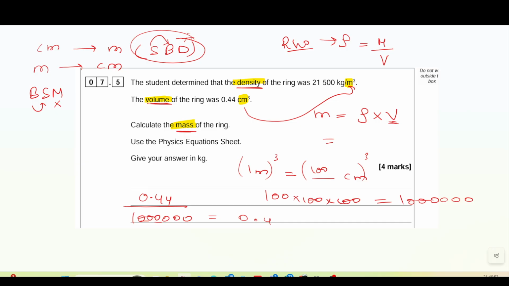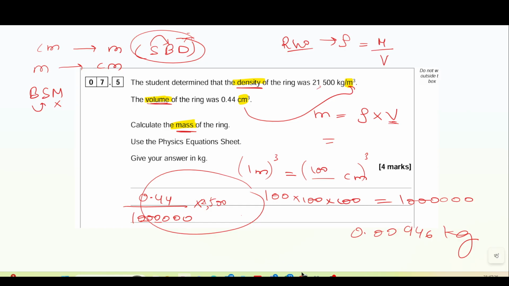So that times 21,500 equals 0.00946. What is the unit? Kilograms. Yes, because this is mass.